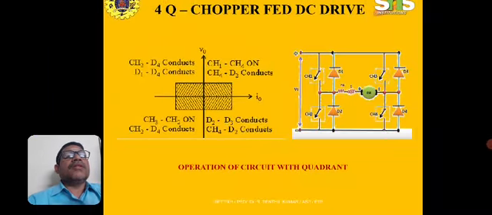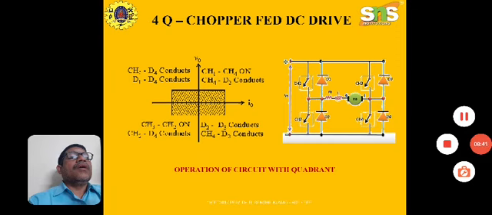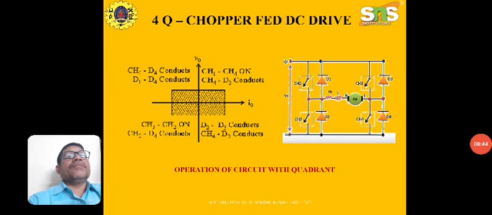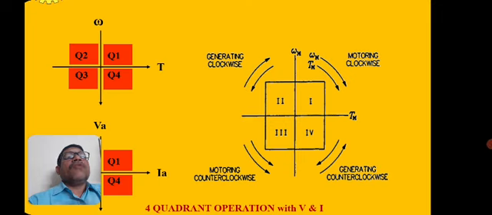Whereas these four quadrants can be mentioned here as forward motoring in quadrant 1, forward braking or generating in quadrant 2, reverse motoring in quadrant 3, and the generating mode in quadrant 4, generating counterclockwise.